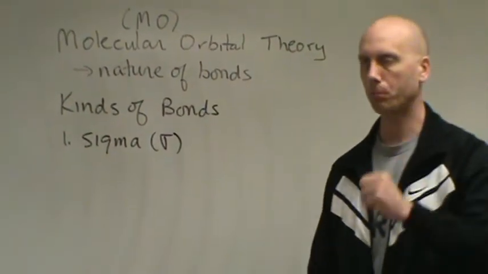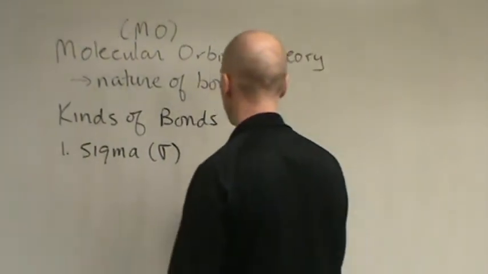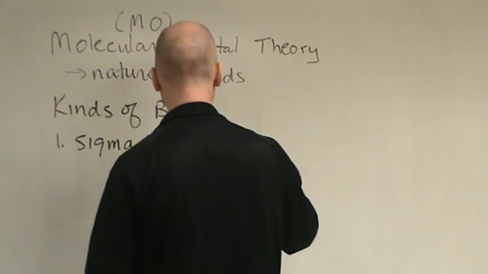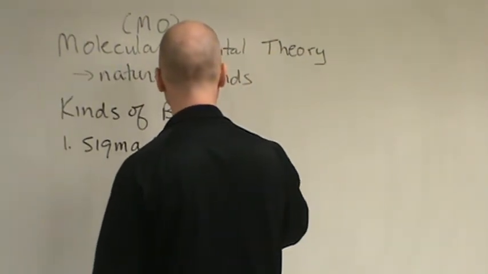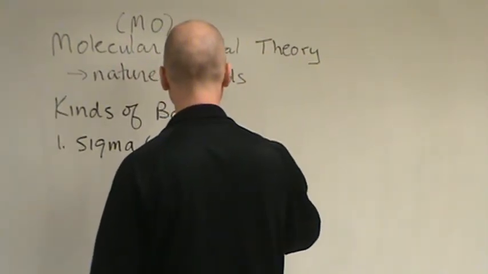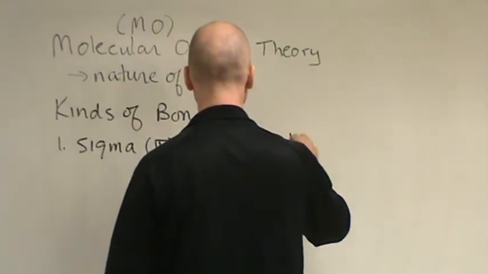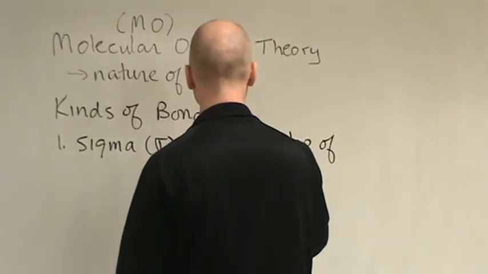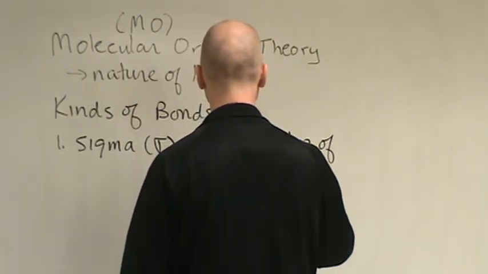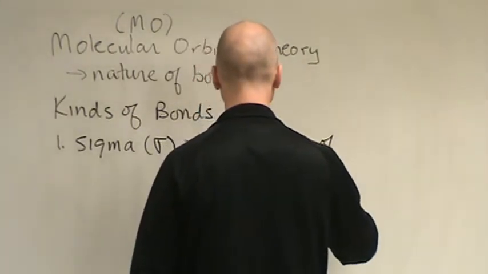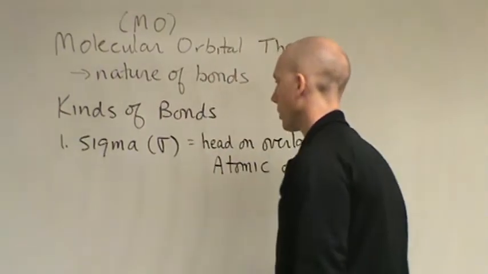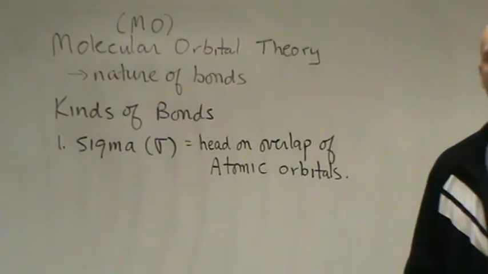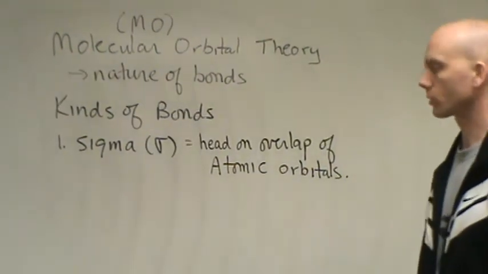A sigma bond is what we call a head-on overlap of atomic orbitals.